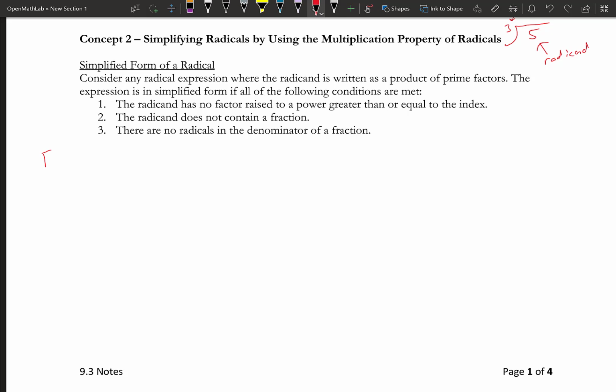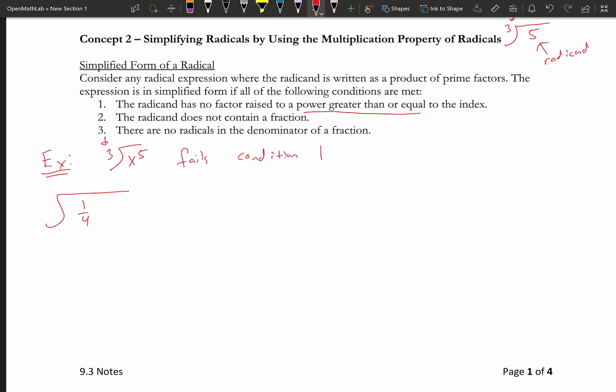I want to look at just some examples of this briefly, just to help this make sense. If I have the cubed root of x to the fifth, then this fails condition 1. Condition 1 says that there's no factor raised to a power greater than or equal to the index. Well, 3 is the index, and 5 is a bigger power, so that fails that condition. Another one is the square root of 1/4, because the second condition is that the radicand can't contain a fraction.